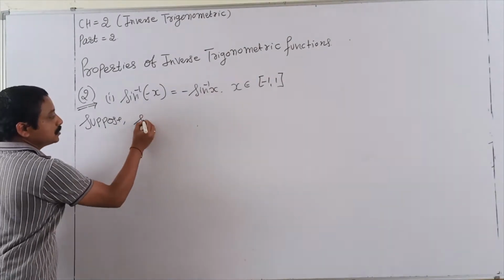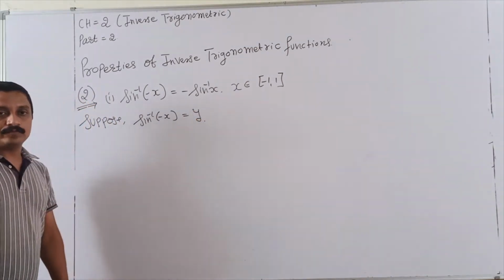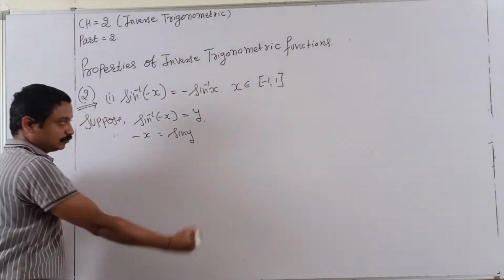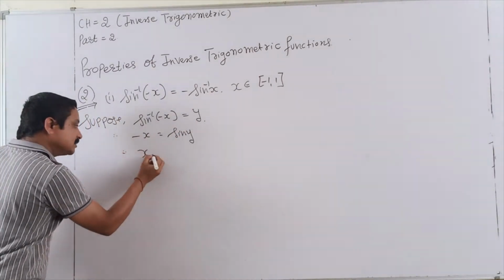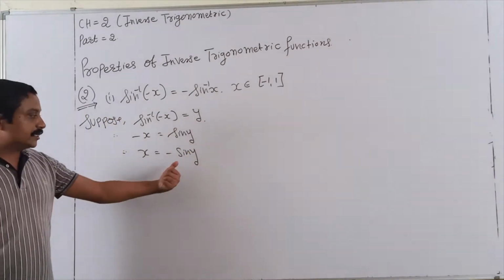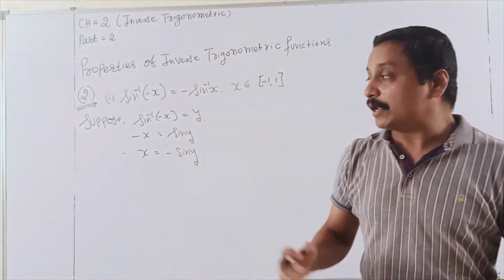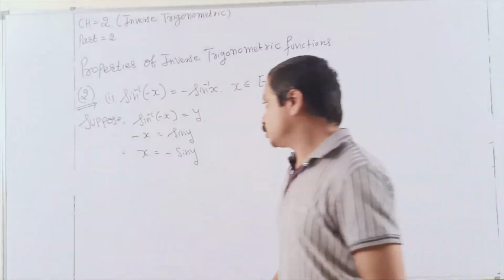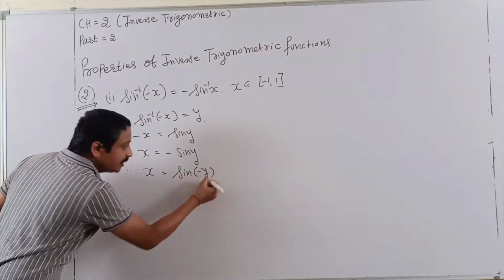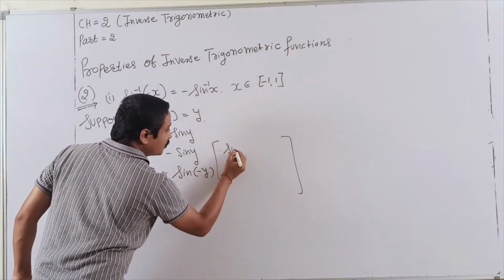Suppose sin inverse of minus x is equal to y. So minus x is sin y, which means x is equal to minus sin y. Now generally you know, students, that sin will be negative if you apply the odd function.